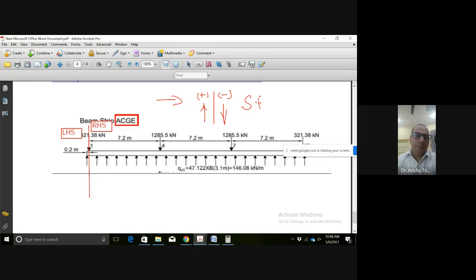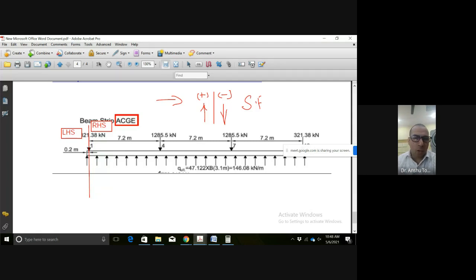So as we move immediately to the right hand side of this particular point load, the point load which is acting from top to bottom comes into picture, usually as we do in the shear force diagram.